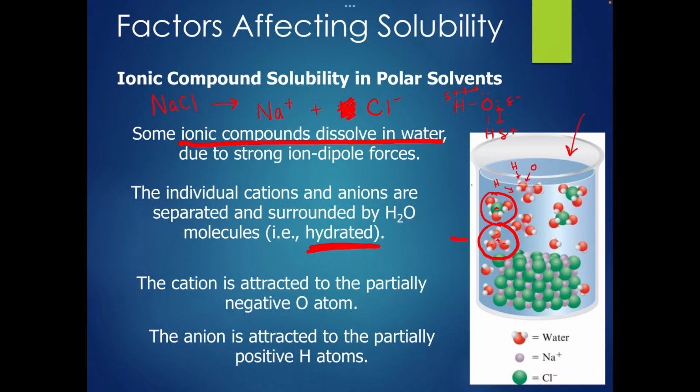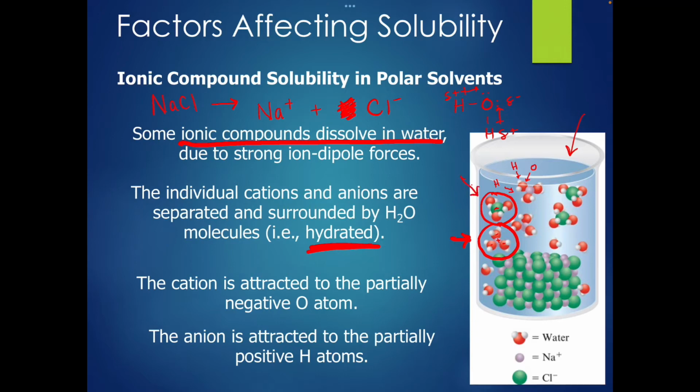Again, looking at this group of water molecules, they pulled off this positive sodium piece, and all of the water molecules oriented themselves so the partial negative oxygen is facing that positively charged sodium.